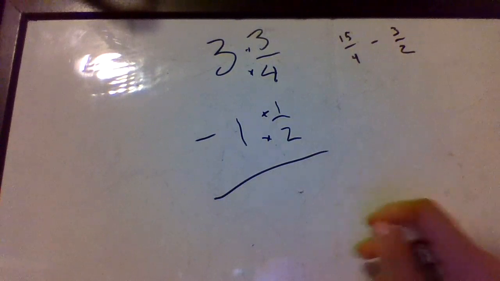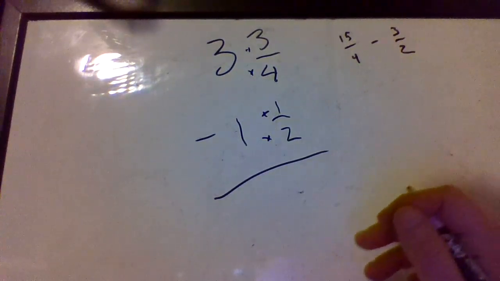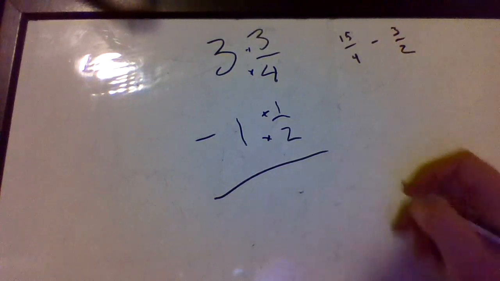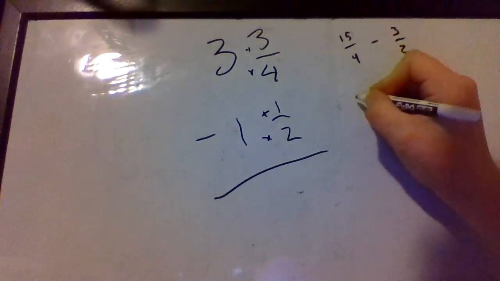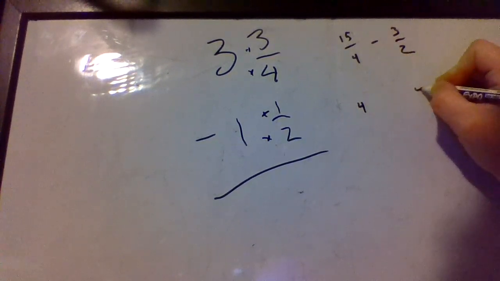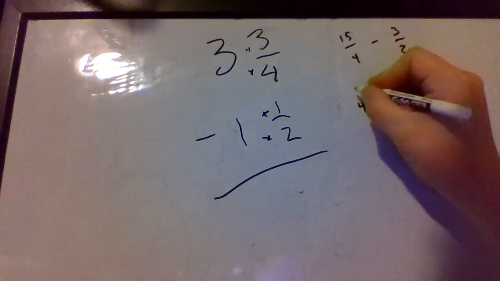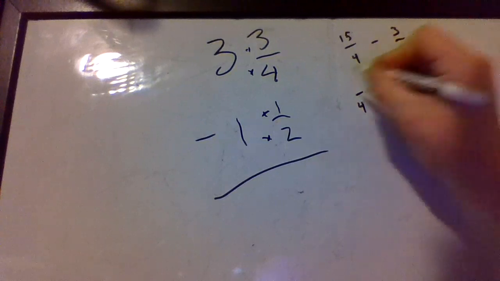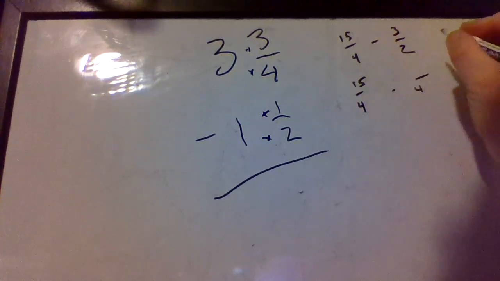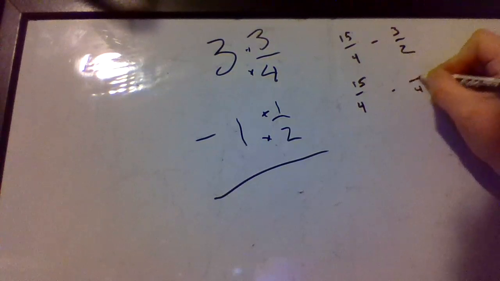Now, we have to find a CD, common denominator. So our common denominator is going to be 4. And believe me, after a while of doing these, you'll be able to look at them like that sometimes and tell the common denominator.